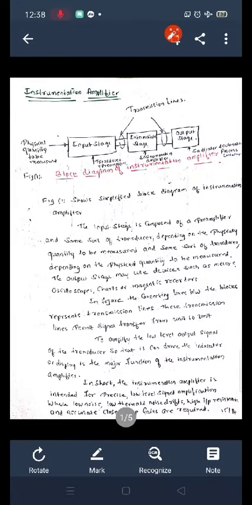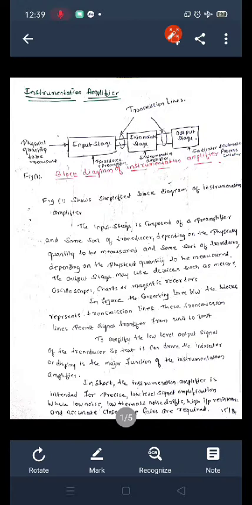Now just look into the block diagram, what it mainly has. The input stage is composed of two things: one is a preamplifier and the other is some sort of transducer, depending on the physical quantity to be measured.